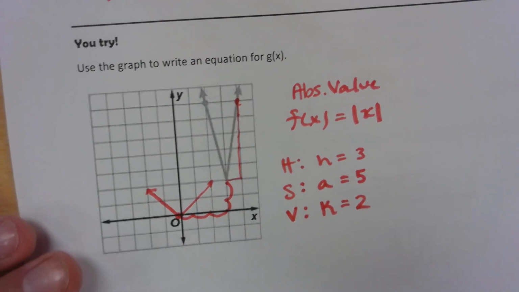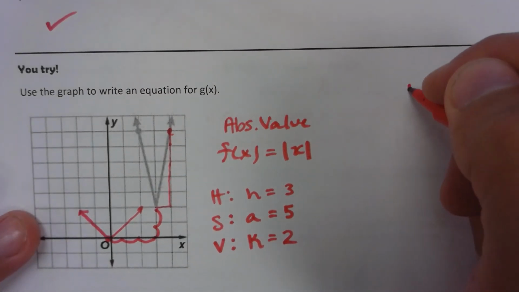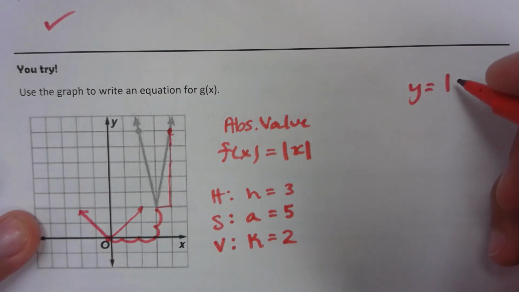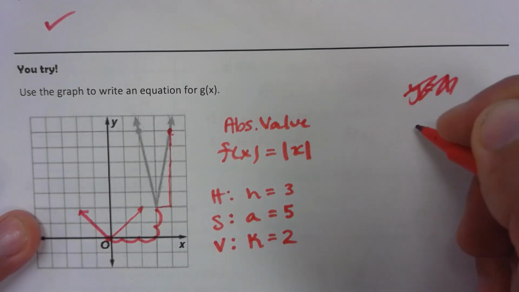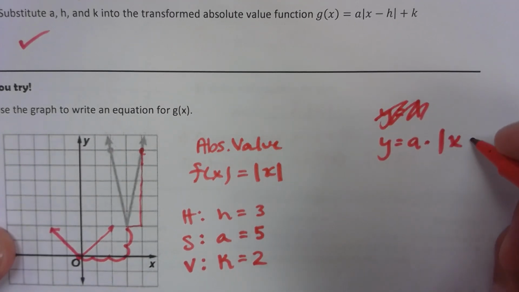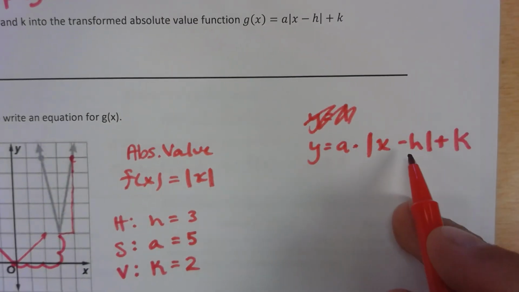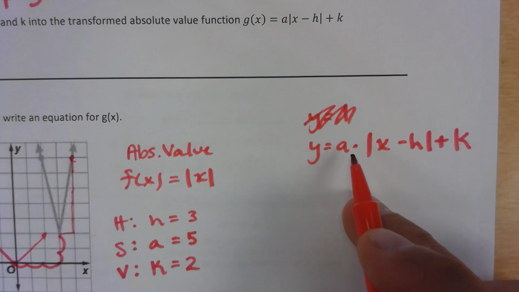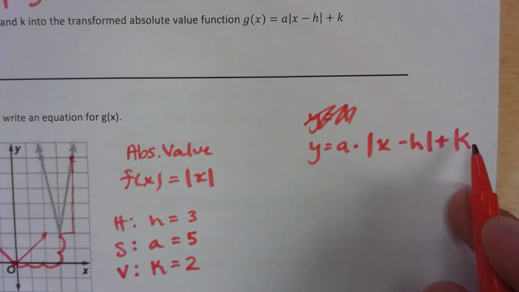Again, my general form should look like this. y equals a times the absolute value of x minus h, plus k. a is our stretch or shrink. If a were negative, it would reflect, and then k is up and down.